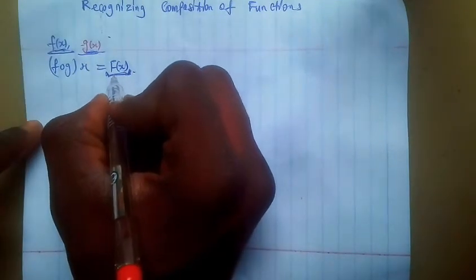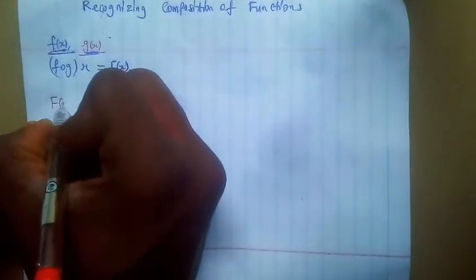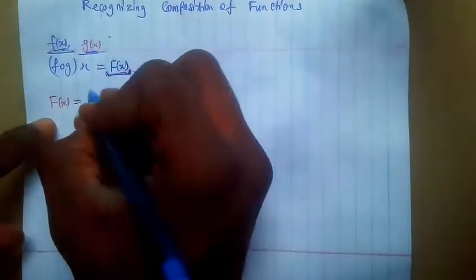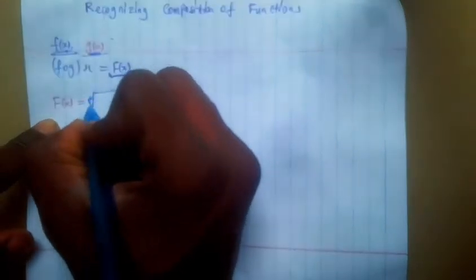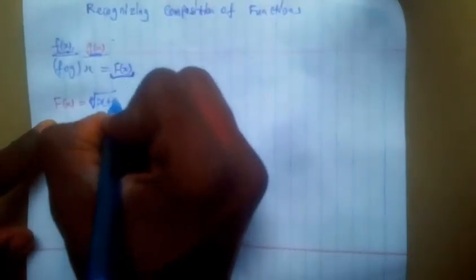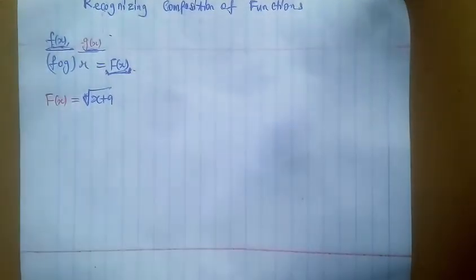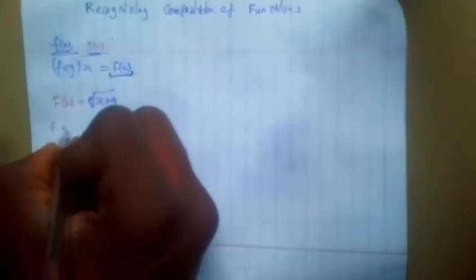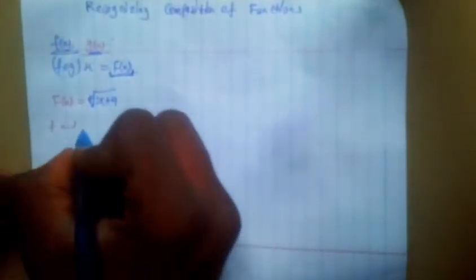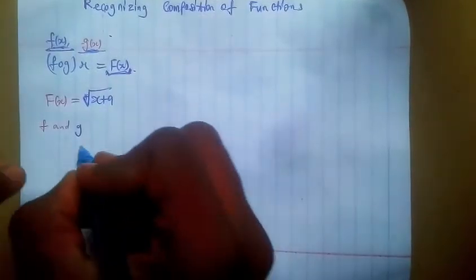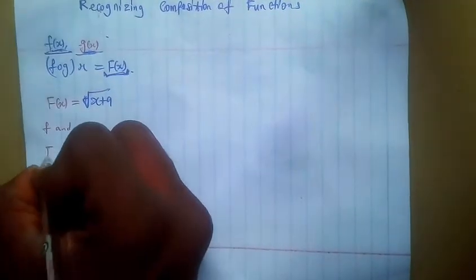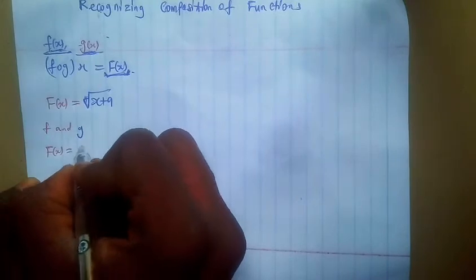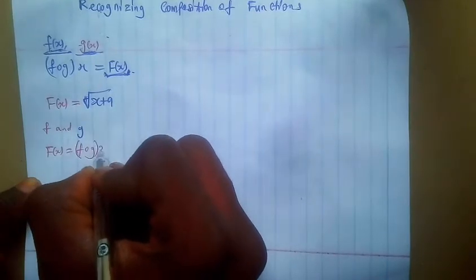Now, given that the complex function F of x is equal to the 4th root of x plus 9, the question now is: find the functions f and g such that this function F of x is equal to f of g of x.